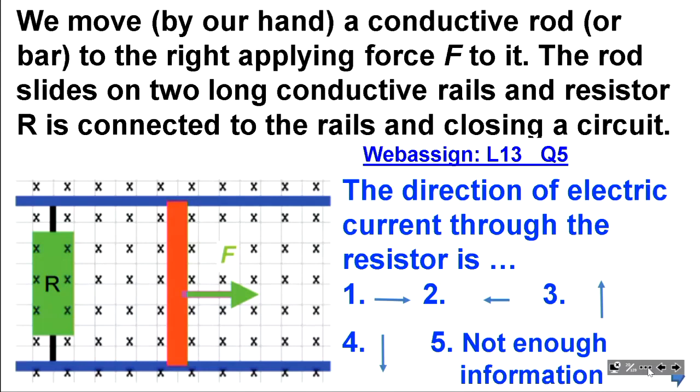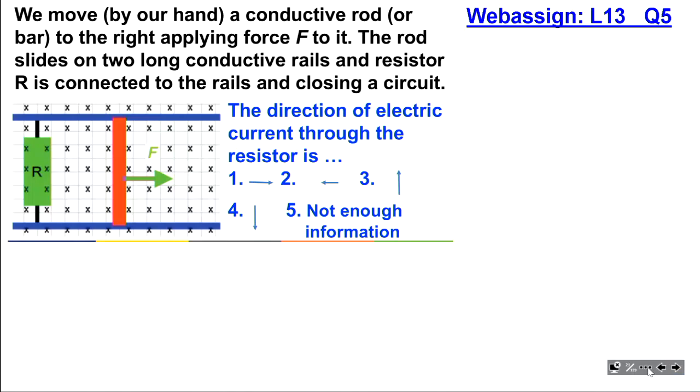Exactly. So the bar becomes acting like a battery. That's what we need to remember, which means we literally can replace it in our mind or in our picture with a battery, but that battery has to have the correct polarity, plus and minus. So how do we know which is which? We have answered that question already, right?